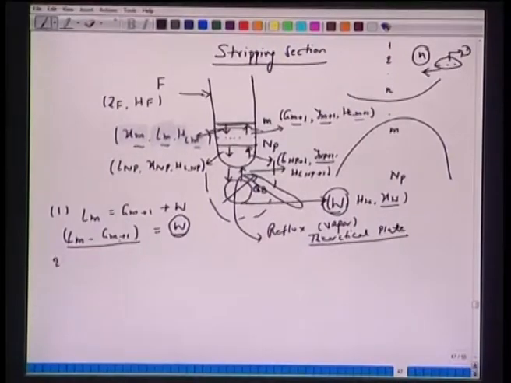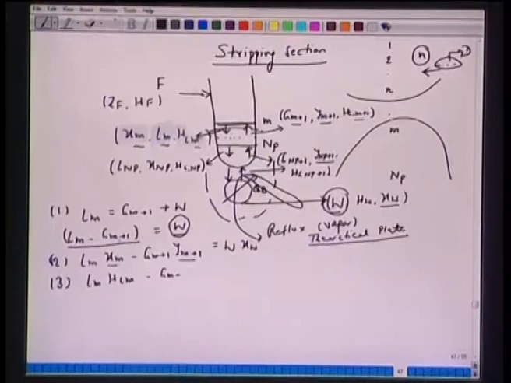We will mark that. Number 2 will be your species balance: Lm xm minus Gm plus 1 ym plus 1 equals W xW. So, it is a species balance for the more volatile component, A or B, whatever you have. Third is Lm HLm minus Gm plus 1 HGm plus 1 equals W HW, but now we have minus QB, or you can bring this QB to the left hand side.